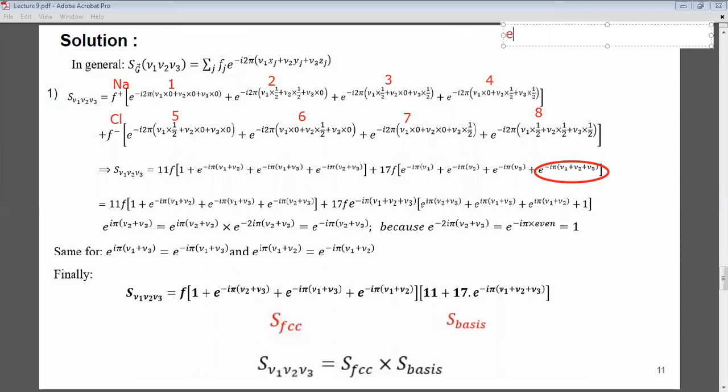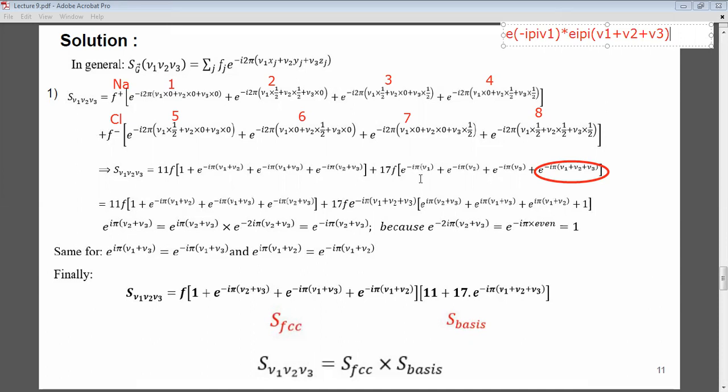Let me show you here. So I have e to the minus i pi v1, and divided by, it means I multiply by e to the i pi (v1 plus v2 plus v3), because I took e to the minus i pi (v1 plus v2 plus v3) as a common denominator.